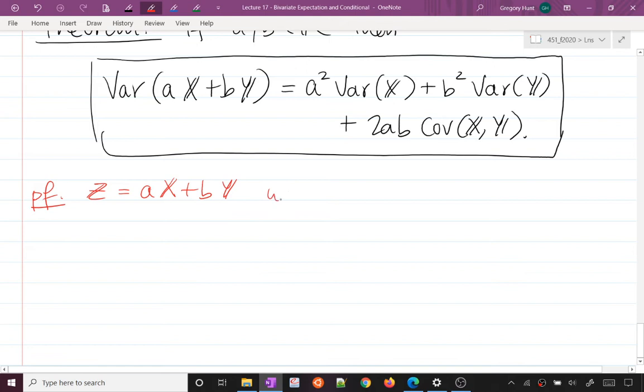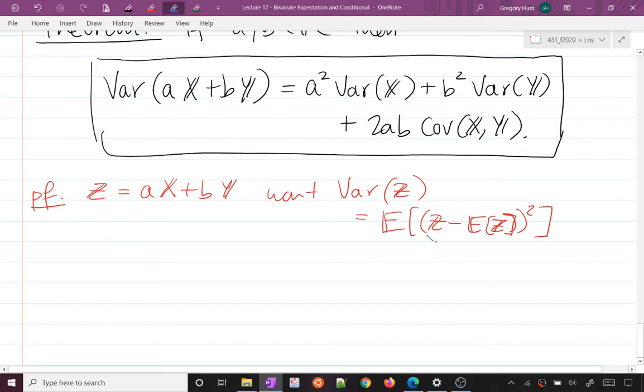And so what I want is the variance of this thing, let's call it z. And the variance of this thing is the expected value of z minus its expectation, quantity squared. And then close my bracket. So let us calculate a couple things. First, let's look at z minus its expected value.